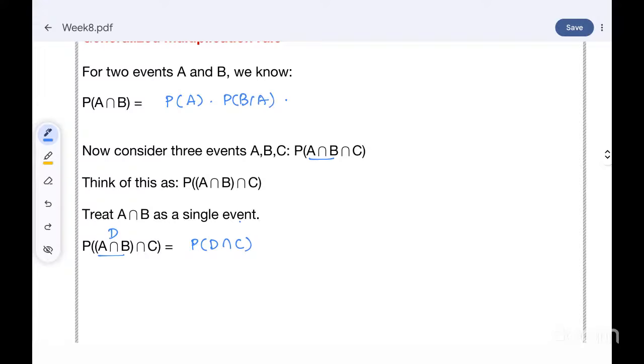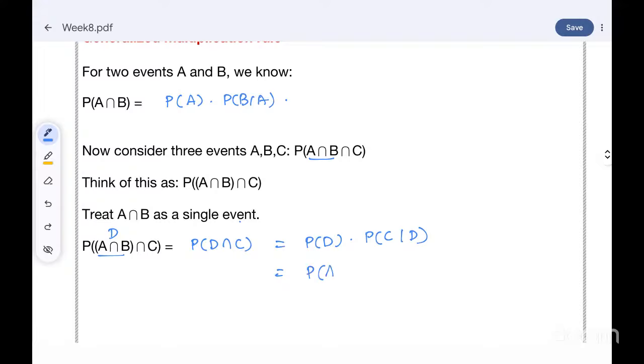use this formula. It is P of D into P of C given D. Now what is D?